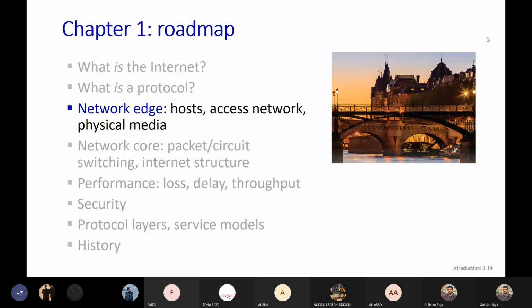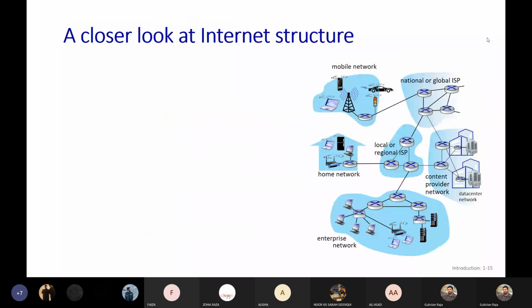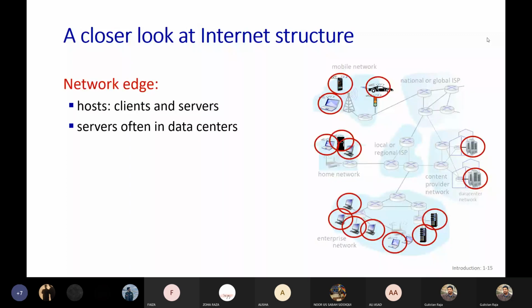So again, the same diagram which you have been seeing from the start of the lecture, the right side diagram. This same diagram will be used for discussion. Now let's have a closer look at the internet structure. So this is the network edge. Recall we said there is a network edge. So hosts, which include clients and servers, and end system are the same thing.